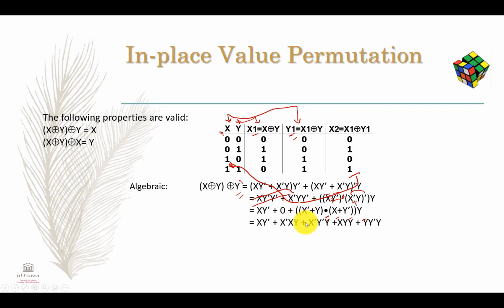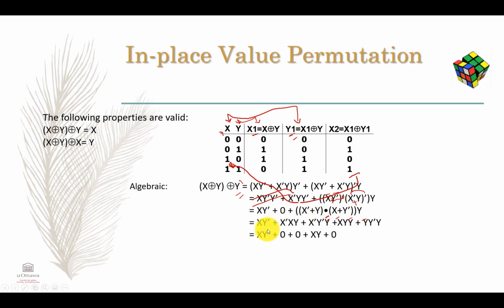So when I do so, I will have here y multiplied by x, multiplied by x prime, and x prime y prime y plus x y y plus y y prime y. So this will give you 0, and this will give you 0 for sure, and this will give you 0.